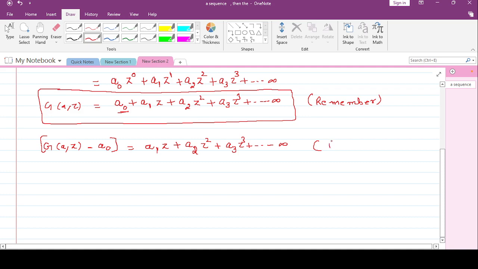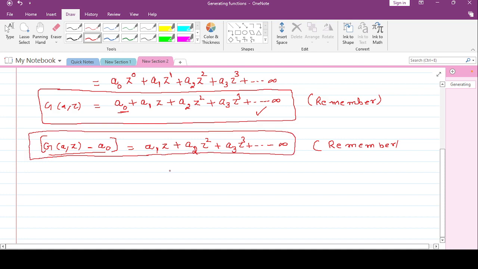So remember this also. You can obtain this expression directly from the first, but if you remember it, it will be very easy for you to solve questions. So this is the second expression which I want you to remember.